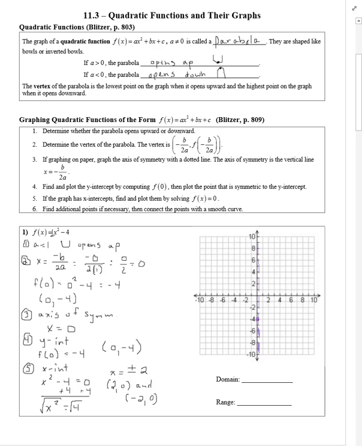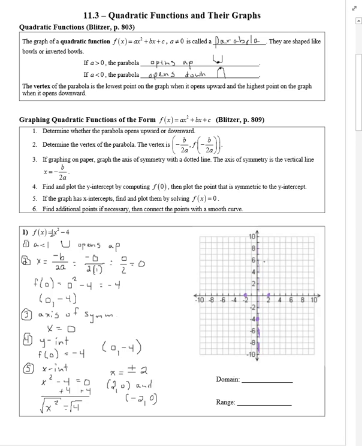Our y-intercept was our vertex, so if we plot that, it's that same point. And our x-intercepts were 2, 0, and negative 2, 0. And here's where you can see the symmetry of the parabola, because if we look from our axis of symmetry, our x-intercepts are the same distance away from it.